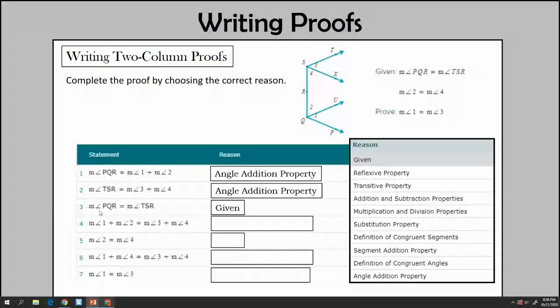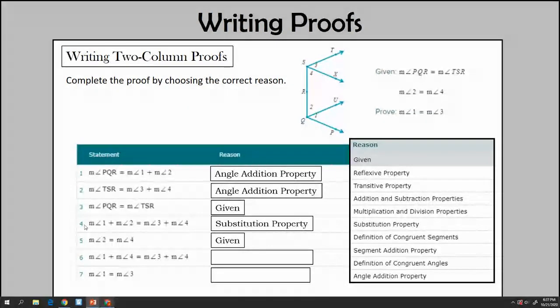So in place of this PQR, I'm going to put the measure of angle 1 plus measure of angle 2. Measure of angle 3 plus measure of angle 4 is equal to TSR. So in place of this TSR, I'm going to substitute in what it equals, which is the measure of angle 3 plus 4. So this line comes from a substitution. Measure of angle 2 equals measure of angle 4 up here is a given. Okay, so that's a given.